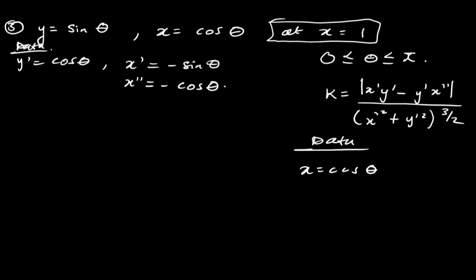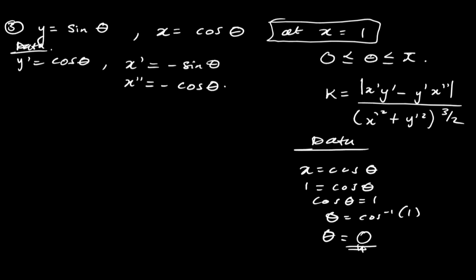Once I do that, I'll plug in for x: 1 is equal to cos theta, which means theta is equal to cos inverse of 1, which is basically 0. So we'll have theta equal to 0, because theta is greater than or equal to 0, but less than or equal to pi.